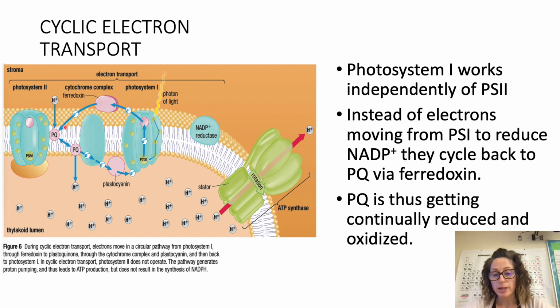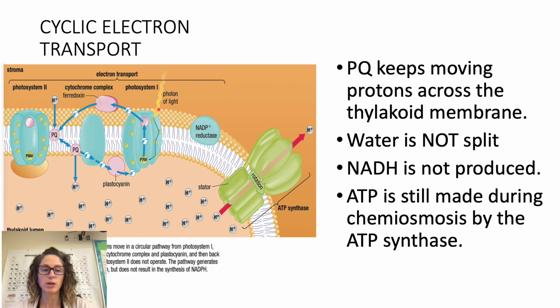This is important because it allows the system to build up a hydrogen ion concentration on the lumen side. It is not going to be producing NADPH. So plastoquinone, PQ, keeps moving protons across the thylakoid membrane, as mentioned earlier.